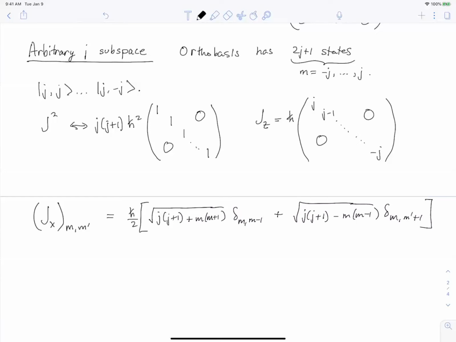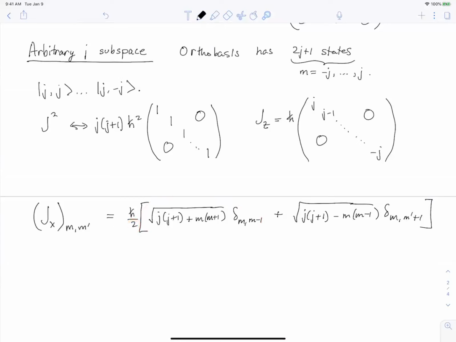Okay, and so the first term is really coming from the j plus, and this whole term is coming from j minus, and we've pulled out a factor of h bar. And then the 1/2 is because there's a 1/2 in the definition of jx from j plus and j minus.